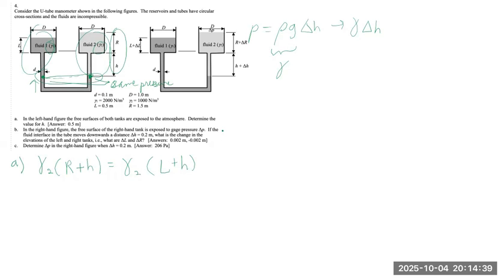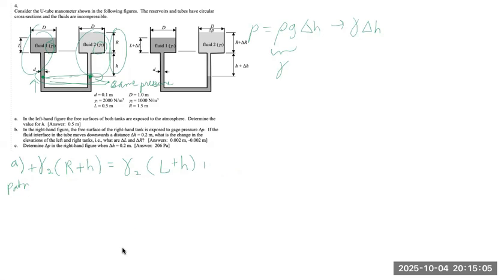Now you might ask, what about atmospheric pressure? Atmospheric pressure is the same on both sides, so they basically cancel out on both sides. But if you want to be explicit, you could have added atmospheric pressure on both sides. But they will just cancel out. And also, if we were considering atmospheric pressure, we would be considering absolute pressure.